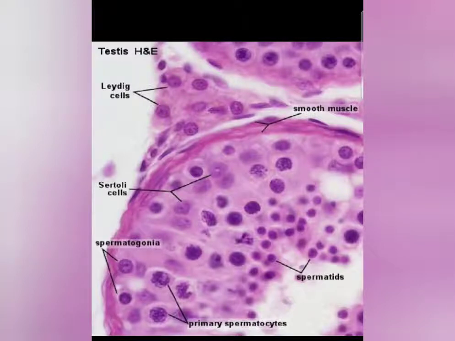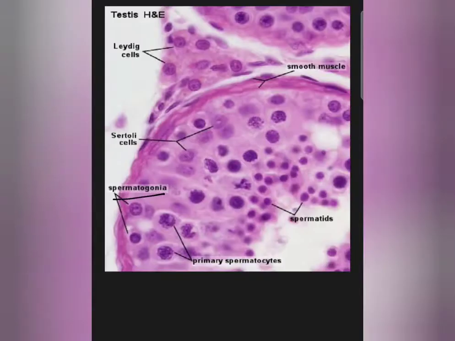As I said, the first type of cells that form the seminiferous tubules are the spermatogenic cells, and these are of 5 types. Number 1 is spermatogonia. Number 2 is primary spermatocyte.